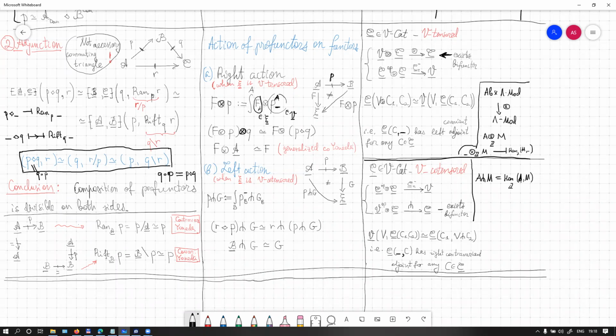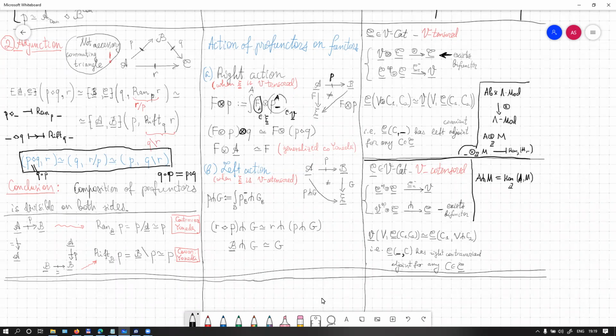Are there any questions to this moment? Okay, if there are no questions, then we will move forward. Yes, you can also ask me about what this is. If you think about modules, this will give you restriction, co-restriction, and extension of scalars.